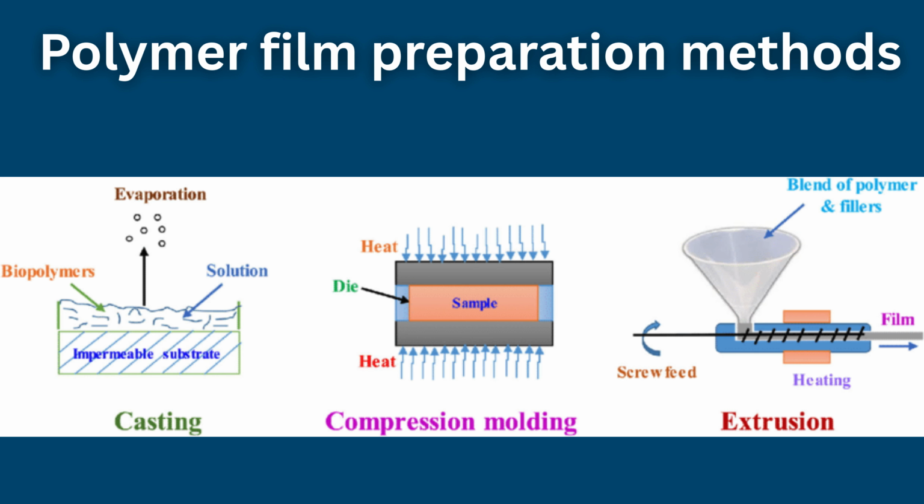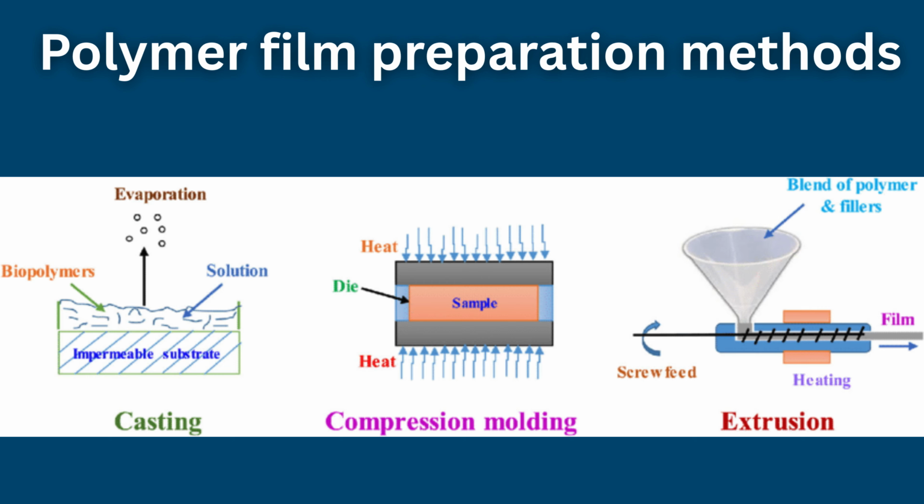In addition, rheological behavior, particularly viscosity and viscoelasticity, governs the flow, leveling, and uniformity of the film during formation. In processes involving solvents, solvent properties such as volatility, solubility parameters, and interactions with polymer chains significantly affect film formation and microstructure.